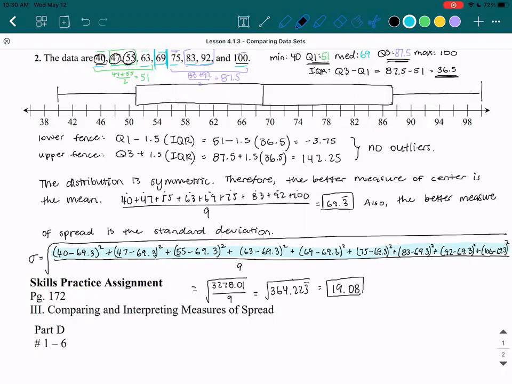Okay. And so let me just talk about standard deviation a little bit more. Every single time you take a data point minus the mean, you're literally finding the distance between every single data point and the center. This is the data point, this is the center. This is the data point, this is the center. You are squaring it so that you get a positive distance, and then you're going to add all these distances together.